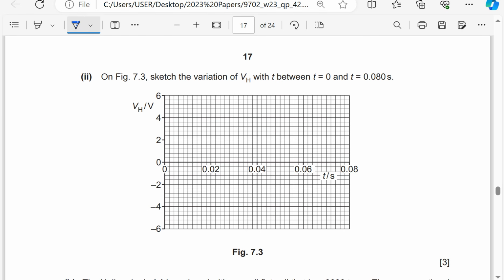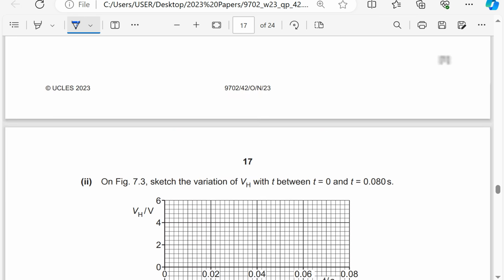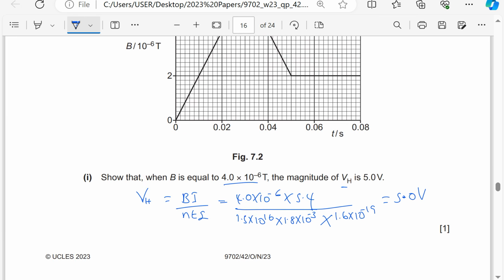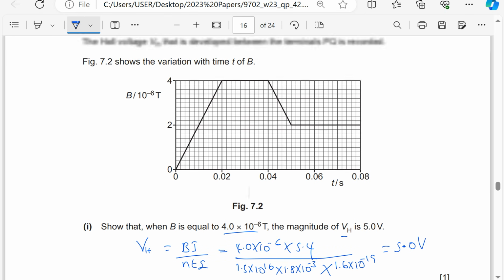On the figure, sketch the variation of VH with t between t equals 0 and t equals 0.08. So this is very easy. Remember, VH is directly proportional to B. So let's check.